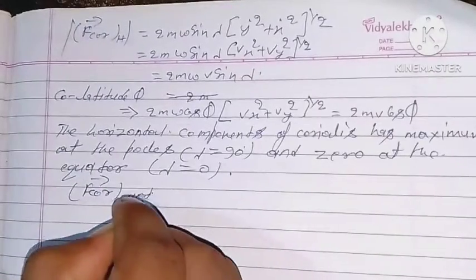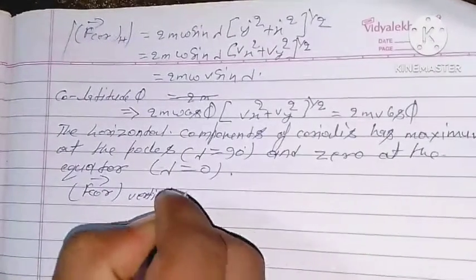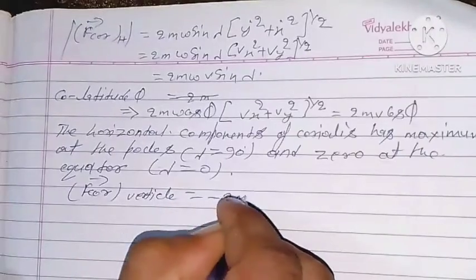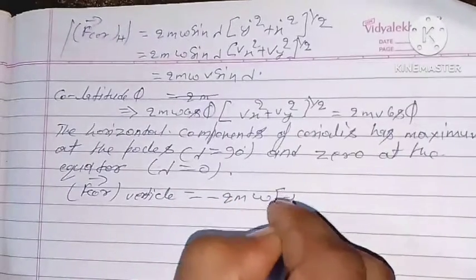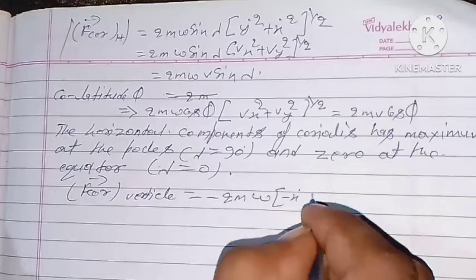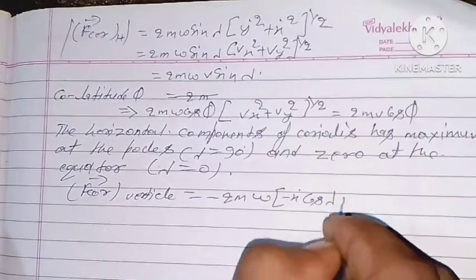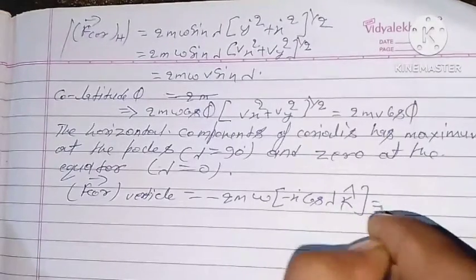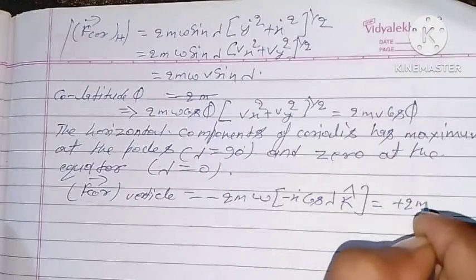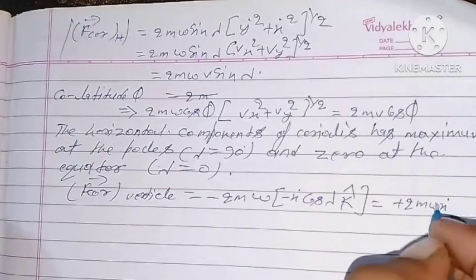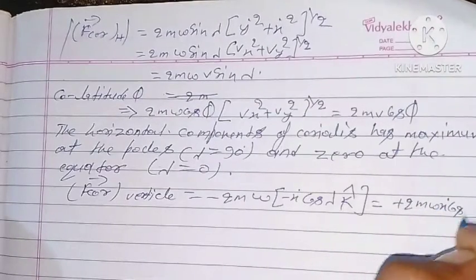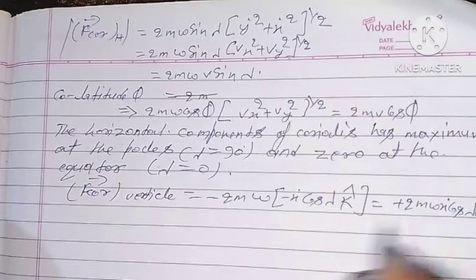The vertical component of Coriolis force is given by F Coriolis vertical equal to minus 2m omega minus x dot cos lambda k, equal to plus 2m omega x dot cos lambda unit vector k.